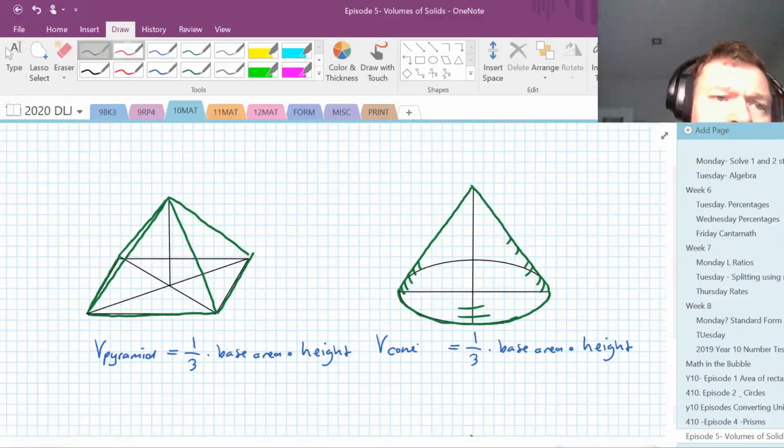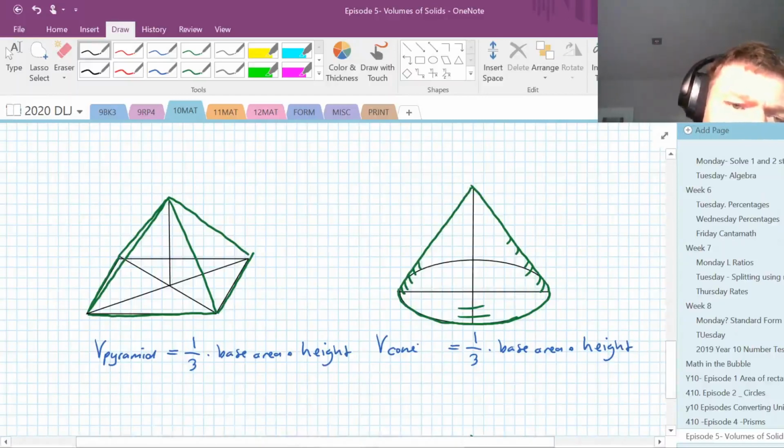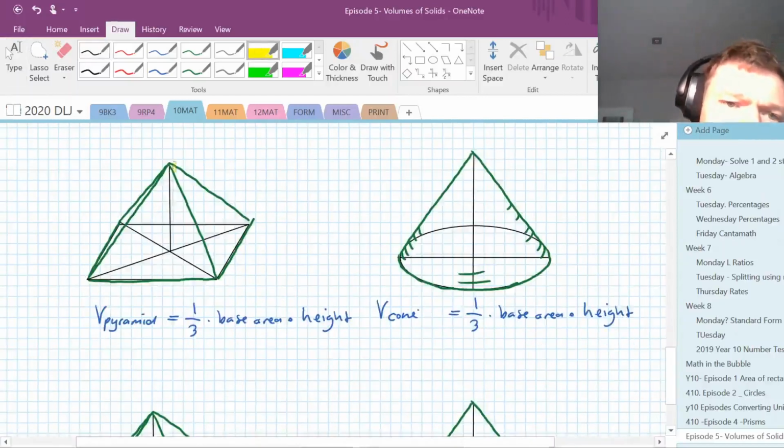So the height is this. I might just highlight it. So the yellow part is our height.